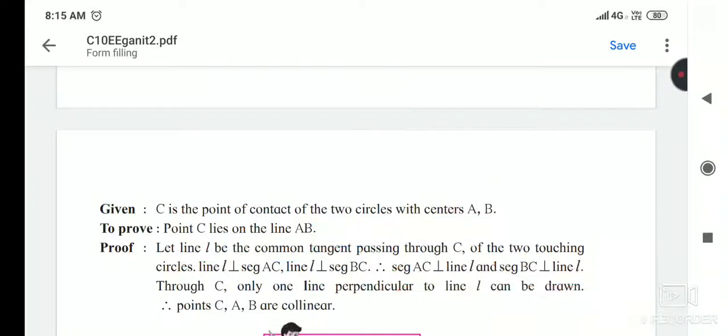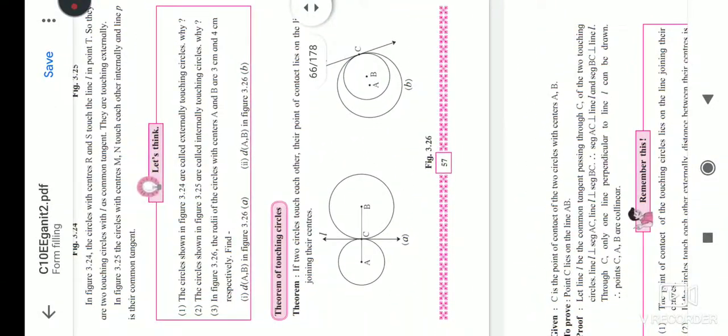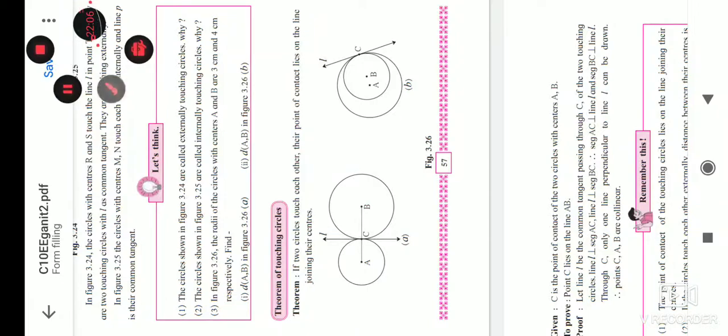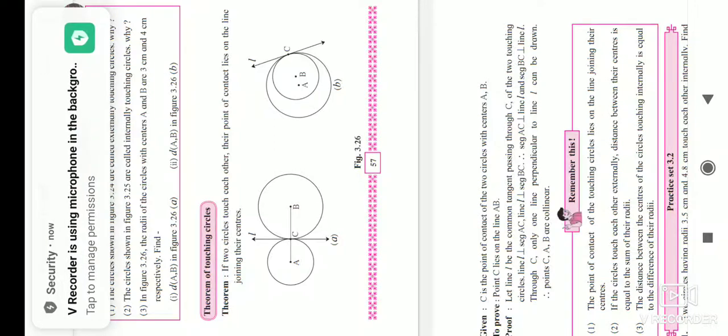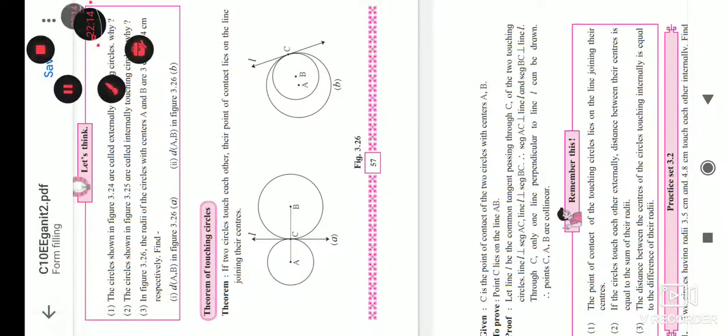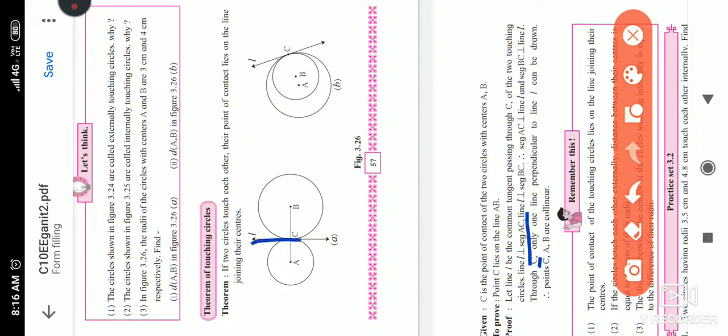For that purpose, if you see the figures, L is perpendicular to AC and L is perpendicular to BC, for this figure also.